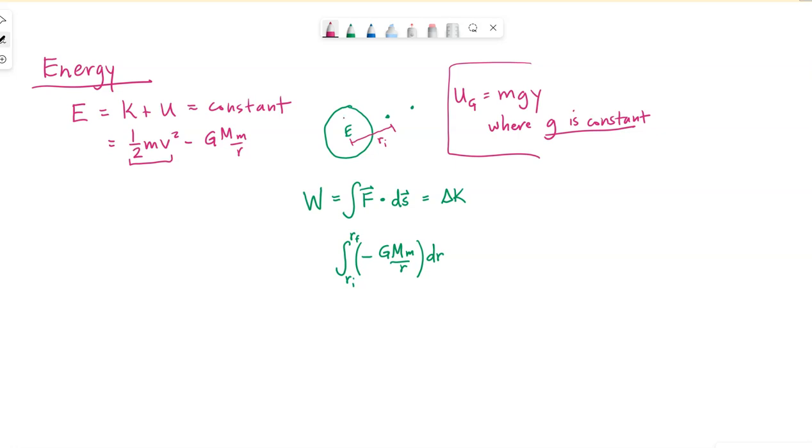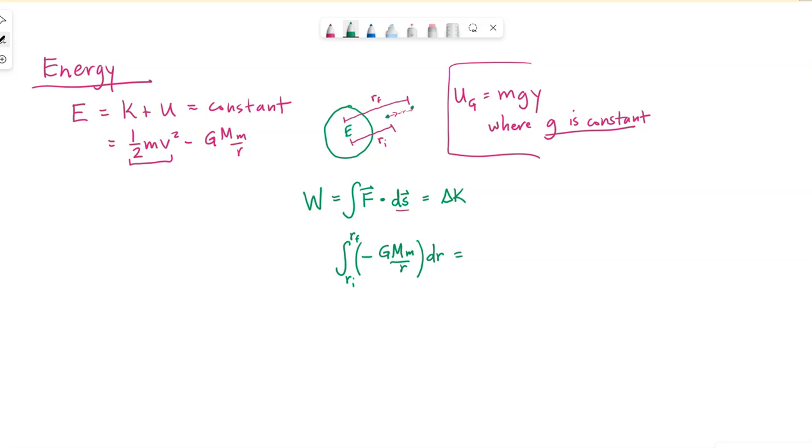So from our initial to our final, the work is done by gravity though only for motion along this line that radially connects those two points. And that's why instead of ds, I'm writing dr, because that is the direction that is along the force of gravity.